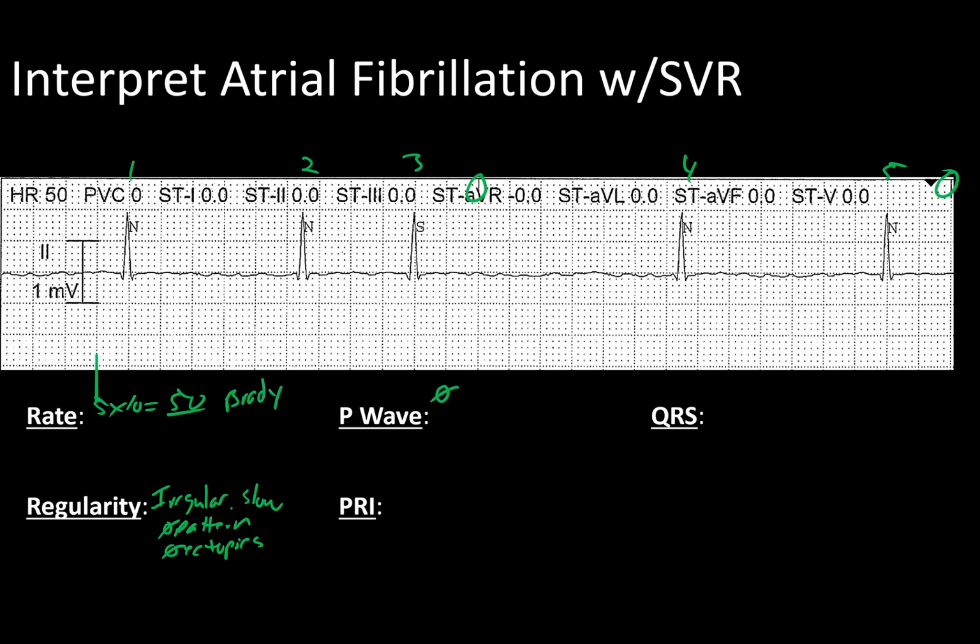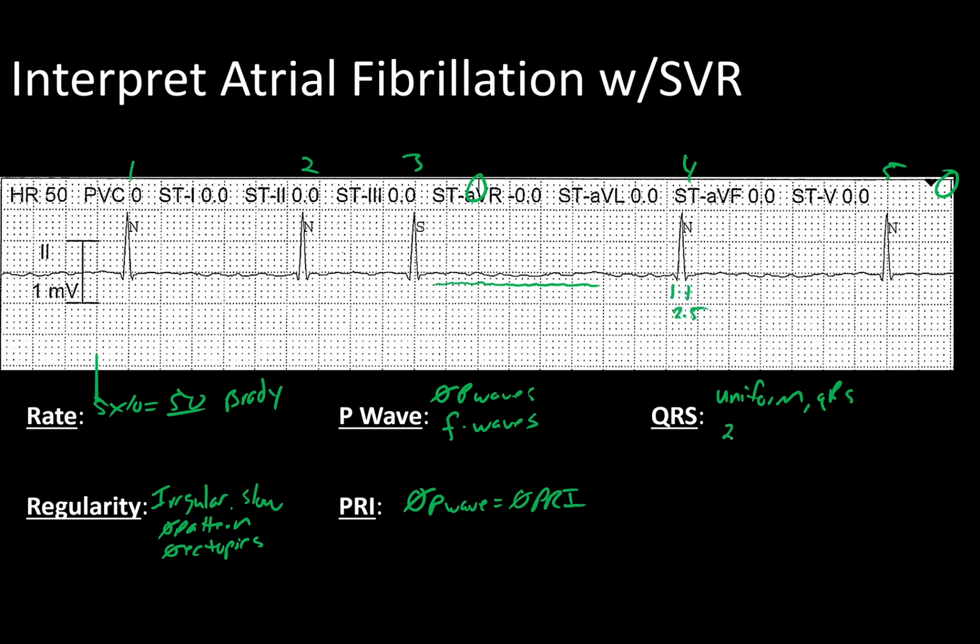We don't have any P waves, but we do have these just little undulations going throughout here. And so that is what your F waves look like. No P waves, so no PRI. And our QRS, well, we are uniform. We have a QRS pattern, and we're going to measure that at about 2.5.